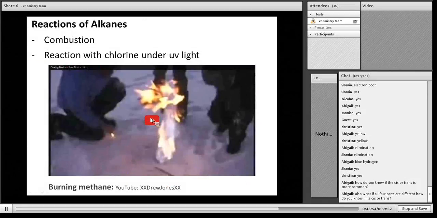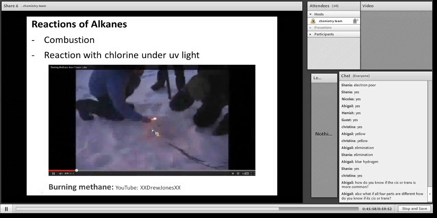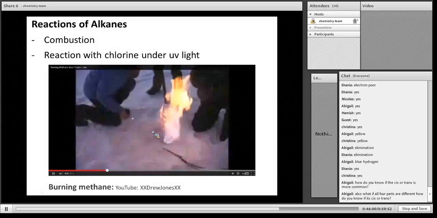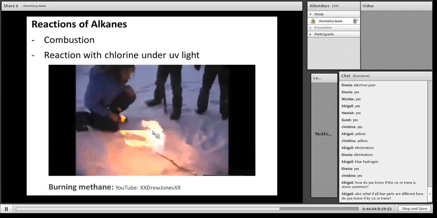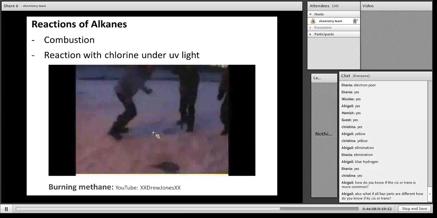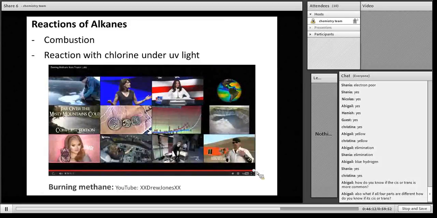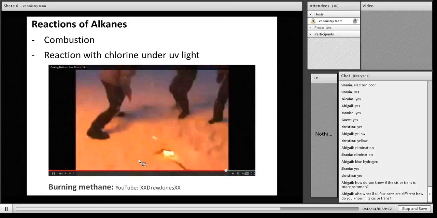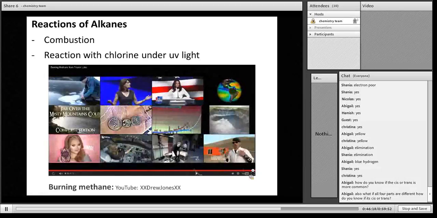Okay, reactions of alkanes. We've got about 10 minutes left, so we'll quickly deal with the reactions of the alkanes. There are two reactions you have to know, and basically they don't do much. What I'm trying to show there is that alkanes burn, even in the Arctic where methane gas has been trapped.